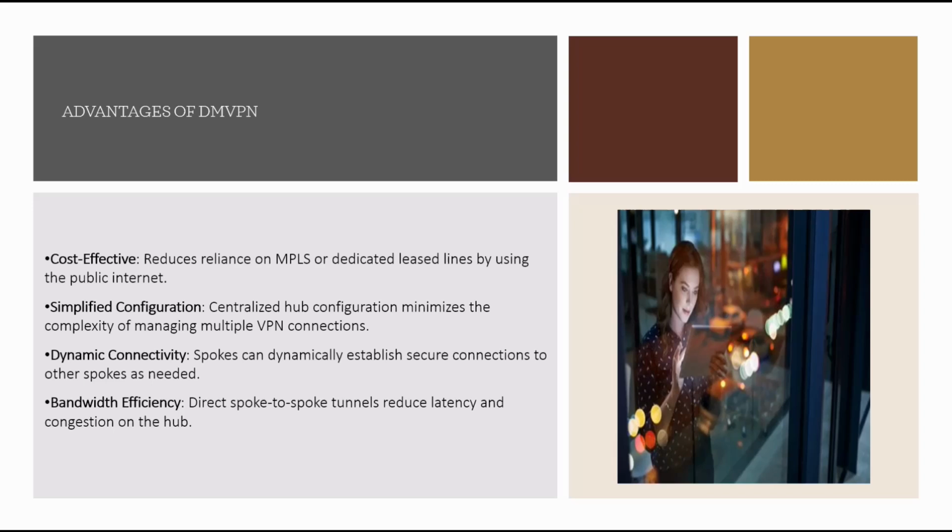Simplified configuration: centralized hub configuration minimizes the complexity of managing multiple VPN connections. It has dynamic connectivity: spokes can dynamically establish secure connections to other spokes as needed. Bandwidth efficiency: direct spoke-to-spoke tunnels reduce latency and congestion on the hub.